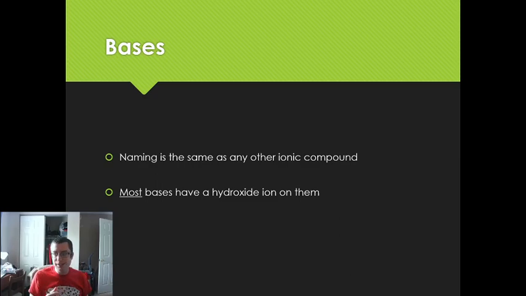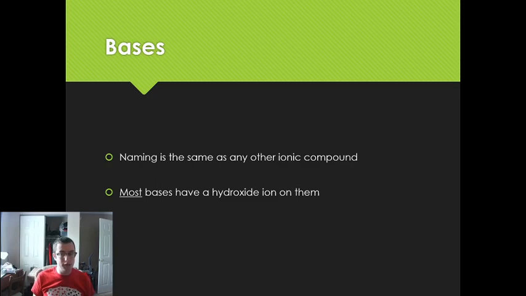Okay, so for bases, bases are going to be much easier than acids, both for naming them and for figuring out who's strong and who's weak. For naming, it's the exact same as any other ionic compound, so there really shouldn't be anything new here.